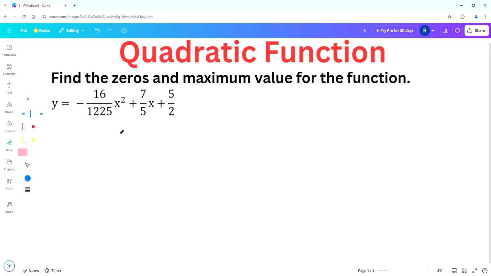We can find the zeros of a quadratic function by subbing in y or the function value as 0 and solving for x. So in the first step, we should sub in y as 0 on the left side.